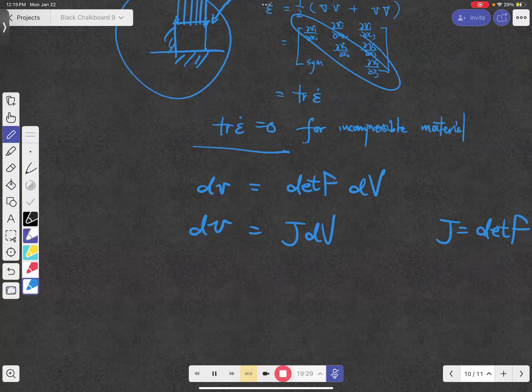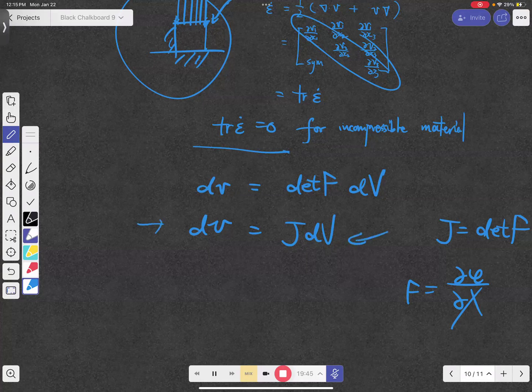And the deformation gradient, as we defined, is the gradient of the deformation mapping. Now, what happens to J if the material is incompressible? Incompressible means that this volume will be identical. You don't change the volume. So J is also equal to 1.